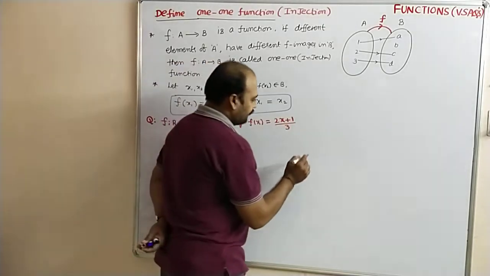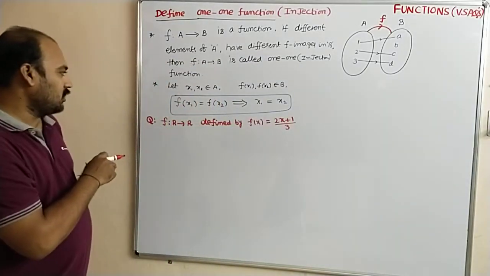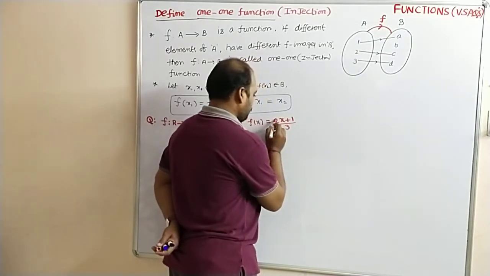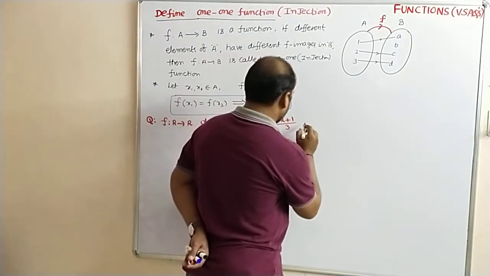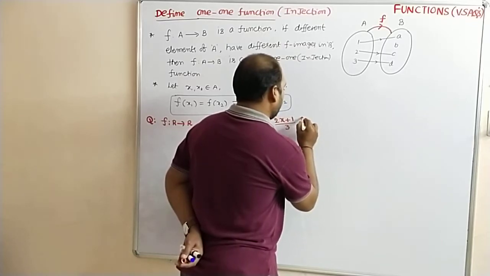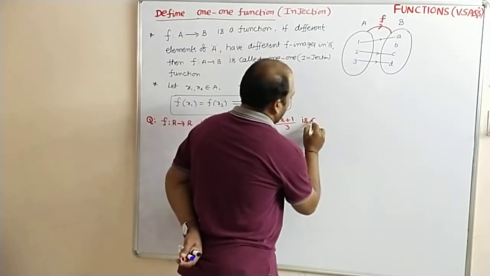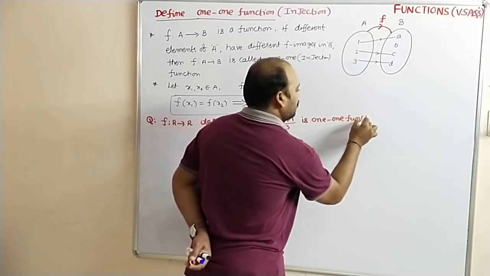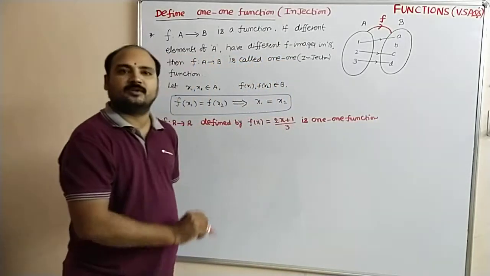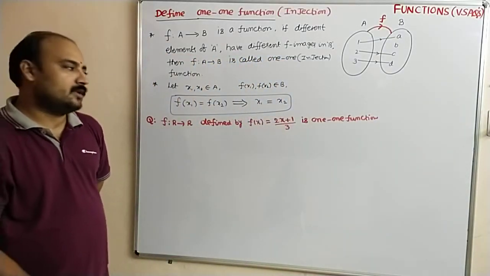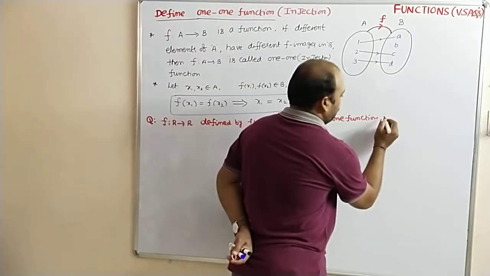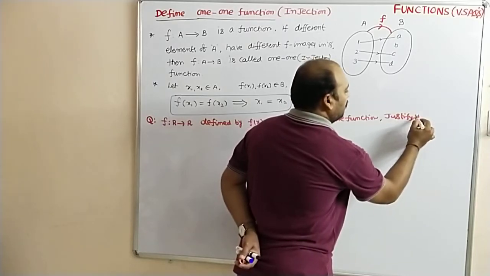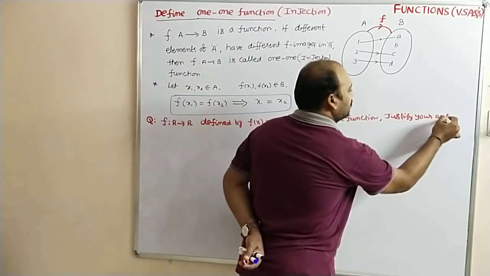Is f from R to R defined by f of x equal to (2x plus 1) by 3 a one-one function? Justify your answer.